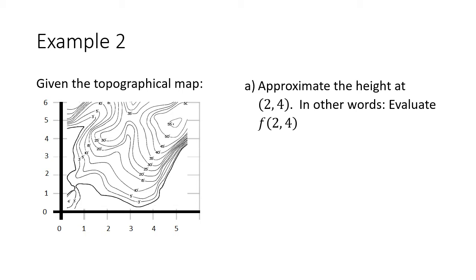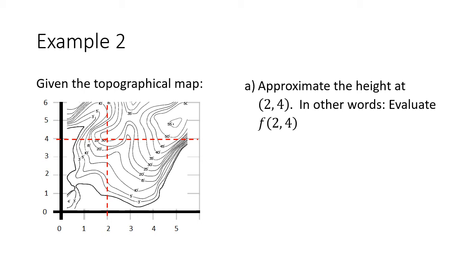And so the way we can use level curves is, well, let's just start with problem A. Let's approximate the height at the ordered pair (2, 4). In other words, if this was some function of 2 variables, I want to evaluate f(2, 4). Well, that means my x-coordinate is 2, my y-coordinate is 4, and we see where they intersect.